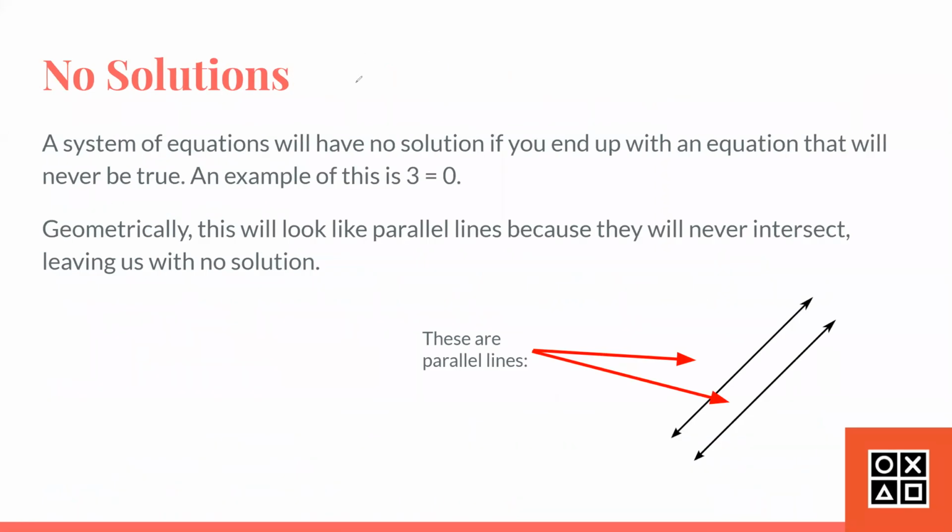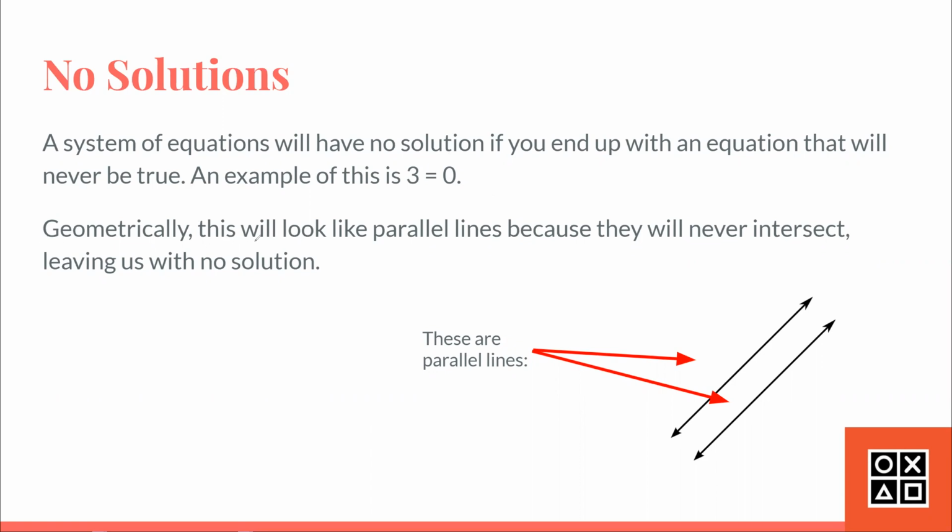These are a couple of examples of special solutions. First, there is no solution. A system of equations will have no solutions if you end up with an equation that will never be true. An example of this is 3 equals 0. 3 cannot equal 0, 0 cannot equal 3, hence there will be no solution.